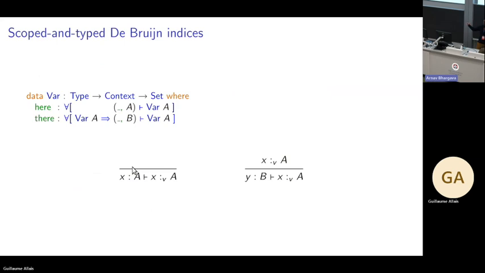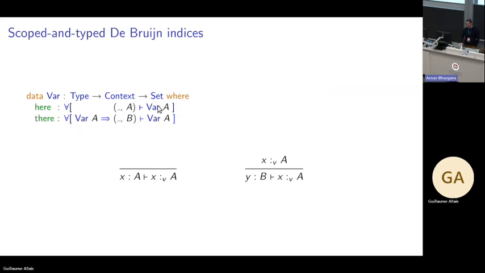You always extend it with the most local variable to the right, and we're only talking about these extensions. So if the most local variable to the right is already of type A, I can have a variable of type A that lives there. It's this one. And otherwise, if I have any extension whatsoever, and I know that I have a variable in the rest of the context, I can just lift it to be a variable in the context with a new local extension.